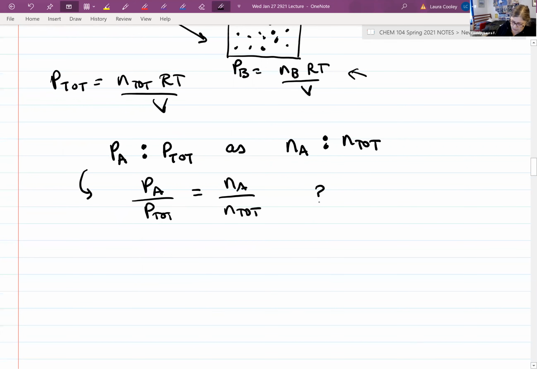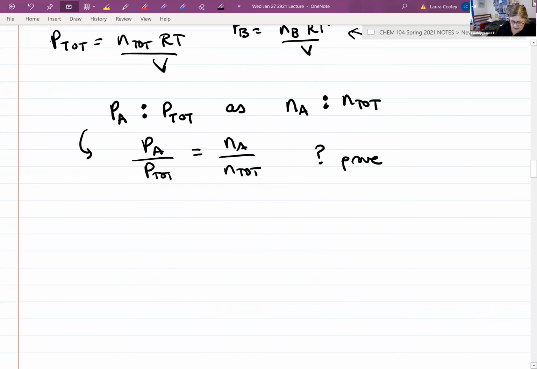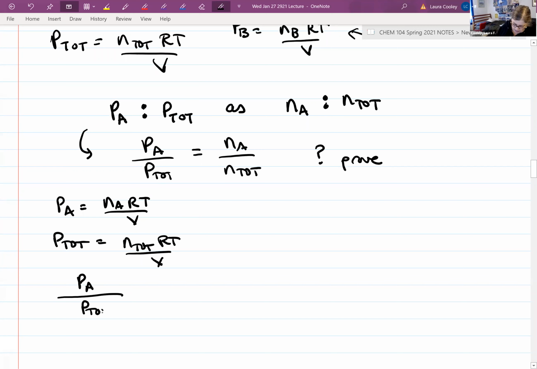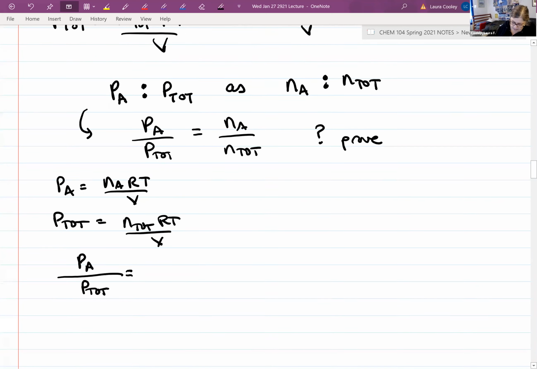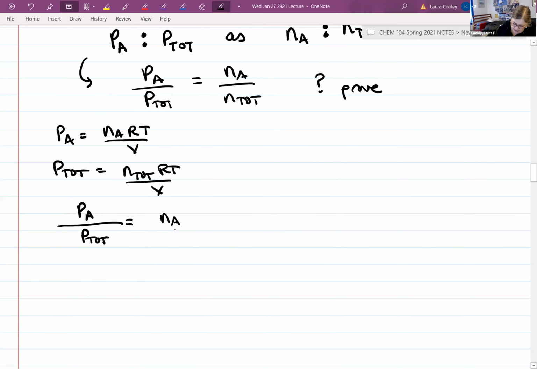But I would really like to be able to prove this, right? Not just tell that to you. And it's pretty easily provable using the expressions I just taught you. So PA is NA RT over V, and P total is N total RT over V. So if I take PA and divide it by P total, that's NA over N total.